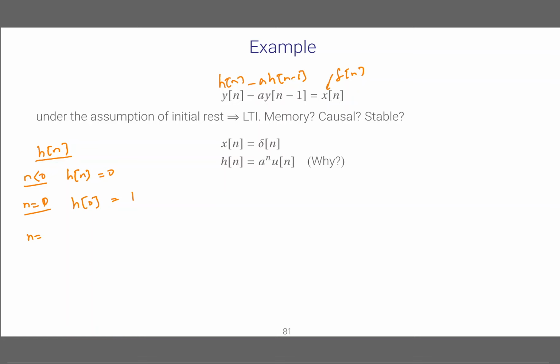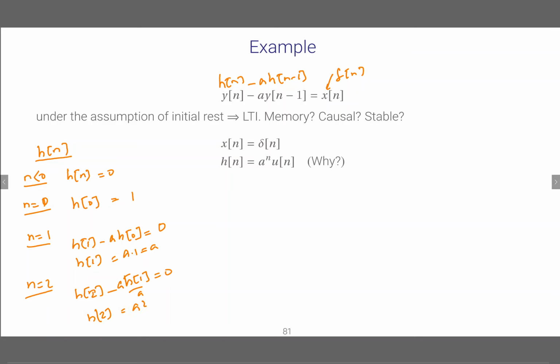For n equals 1, h[1] minus a times h[0] is equal to delta[1], which is 0. So therefore h[1] is equal to a times 1, which is a. For n equals 2, h[2] minus a h[1] is equal to 0, and h[1] is a, so therefore h[2] is equal to a squared. So you get a squared, a to the power of 3, and so on. So you can write a^n u[n] to indicate all values are 0 up until n equals 0.